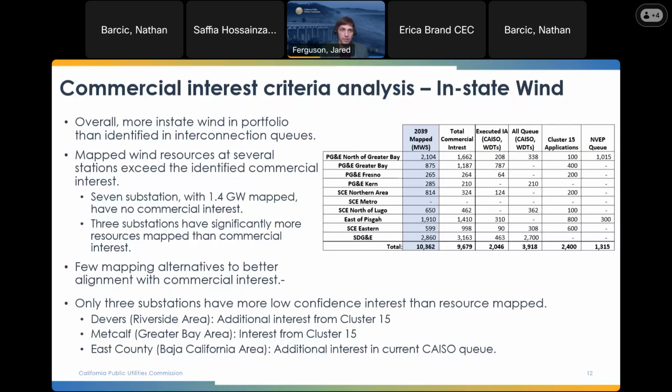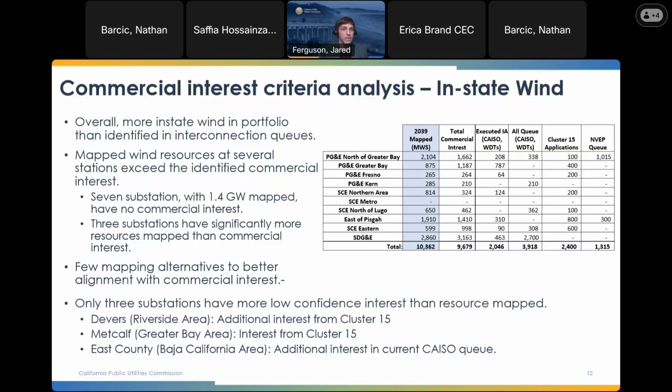Then 3 substations have a smaller wind project identified in the queues, but we have mapped significantly more portfolio resources to that location. We're also not perfectly aligned because we have 3 substations that have more low confidence commercial interest than we map to those.